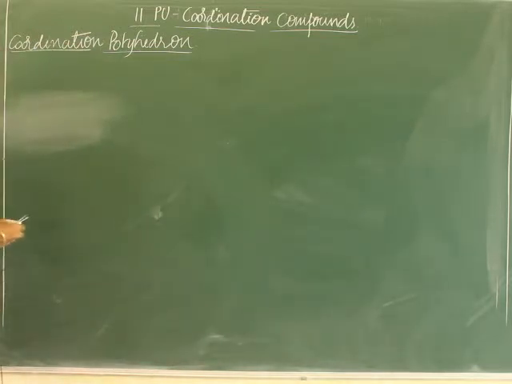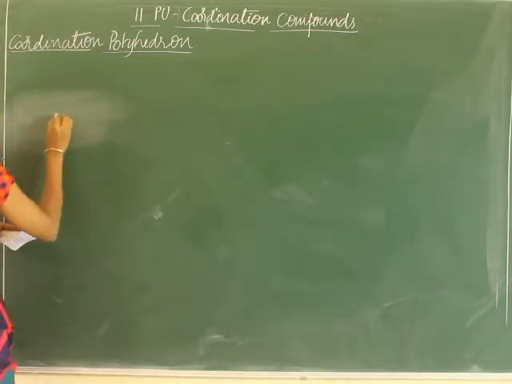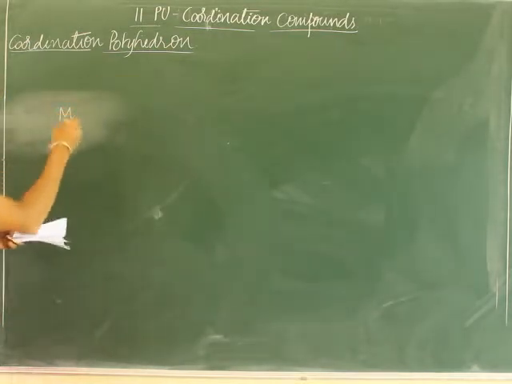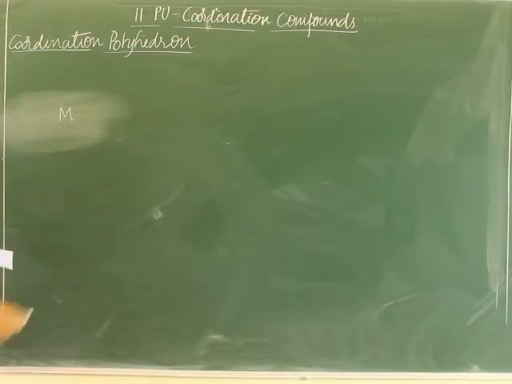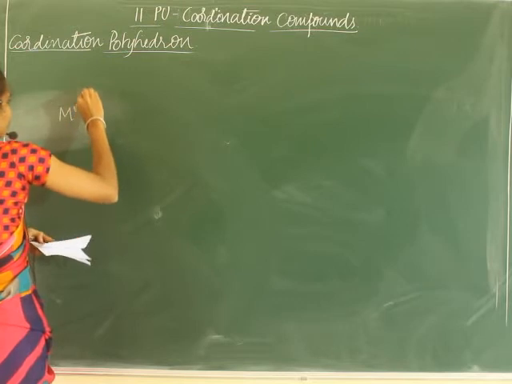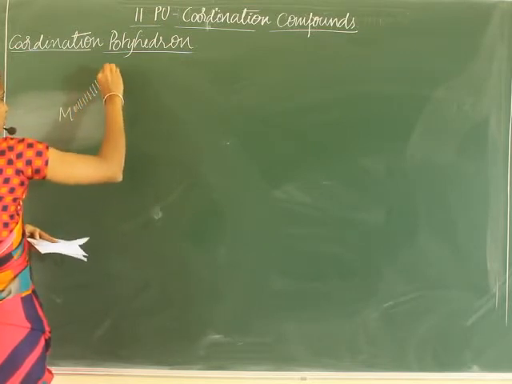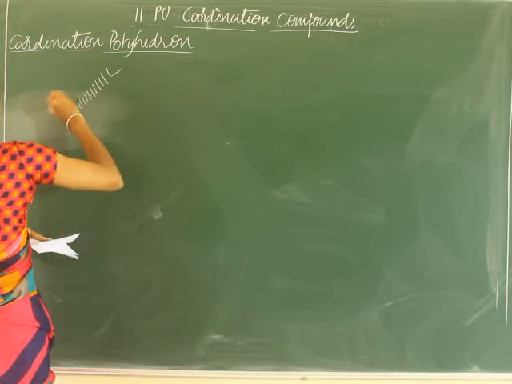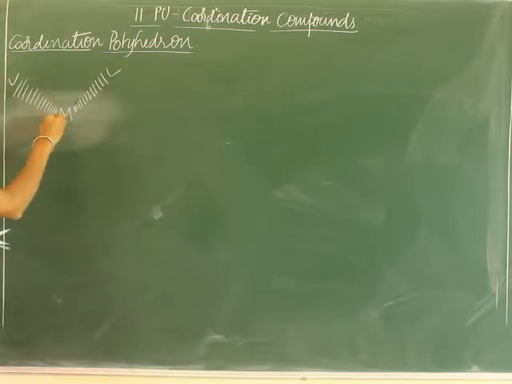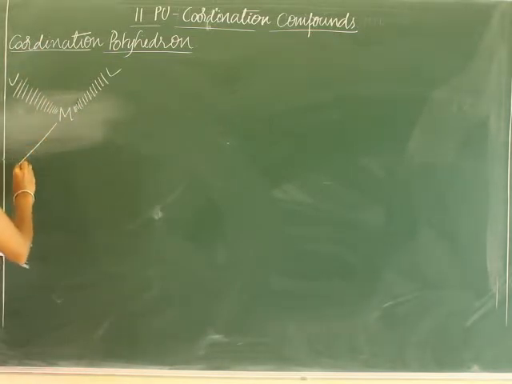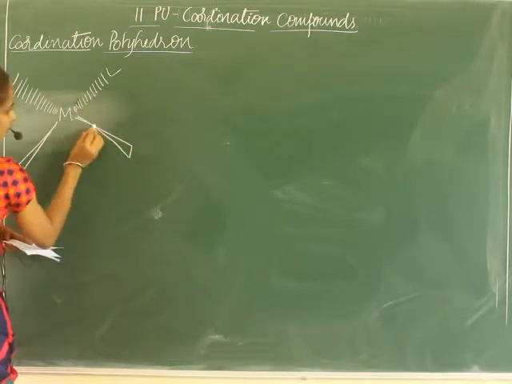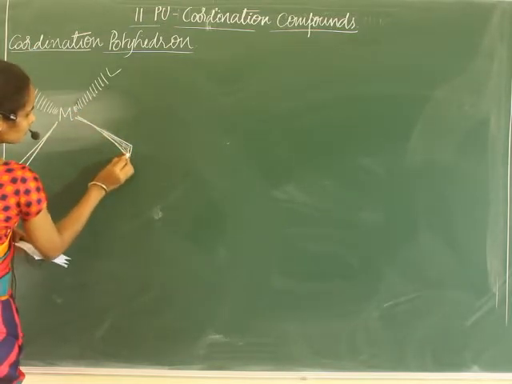First one is octahedral. The central metal atom is directly connected with the ligands. Ligand, so towards the observer, right?